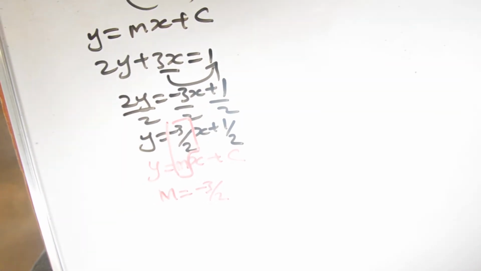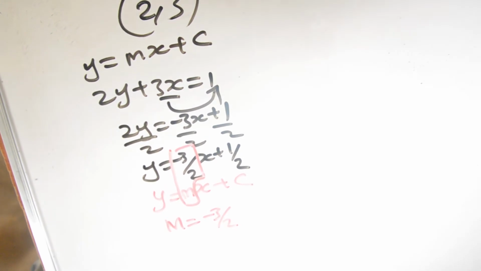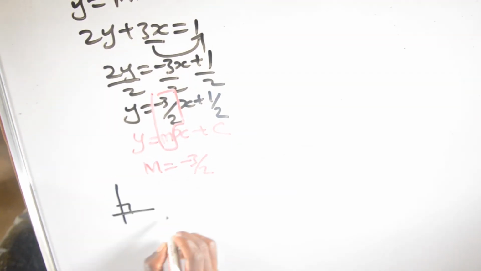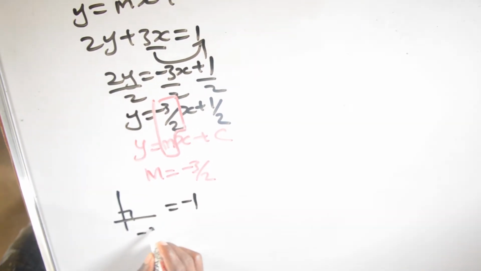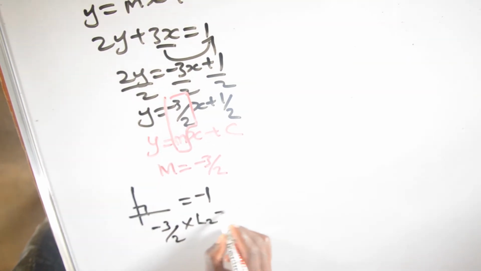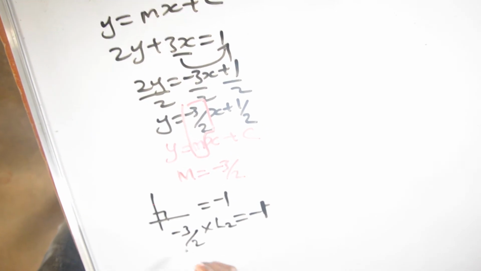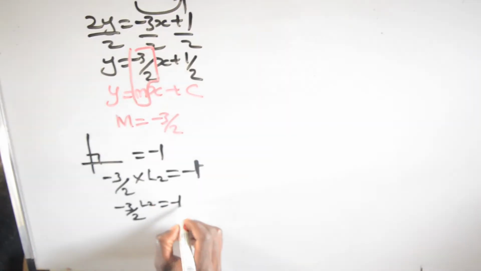And remember, what did we say about perpendicular lines? It means that when you multiply their gradients, the product gives you -1. So -3/2 times the gradient of L2 is going to give us -1.